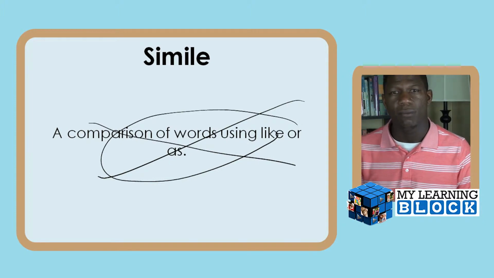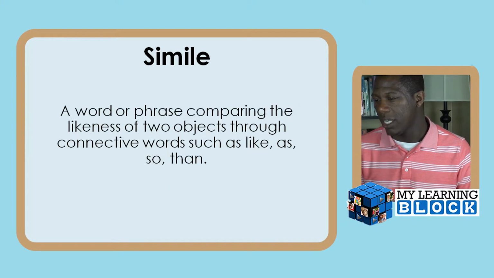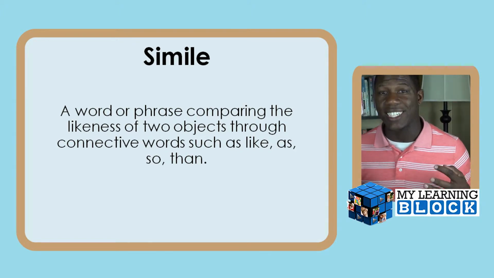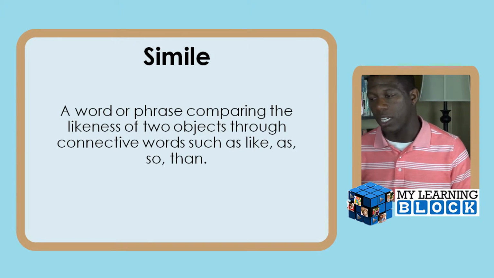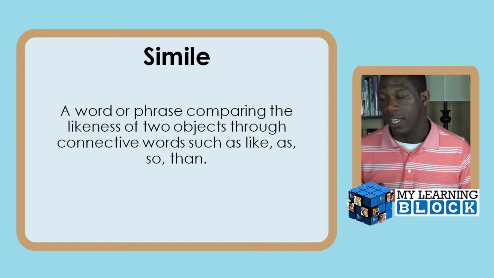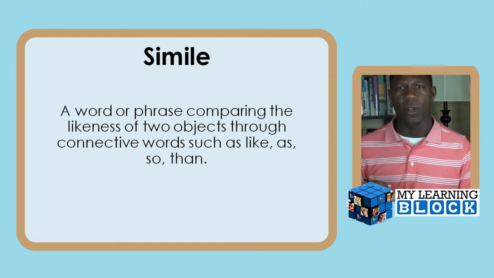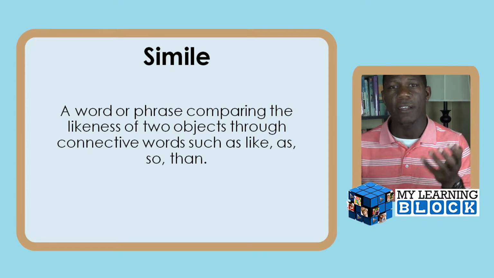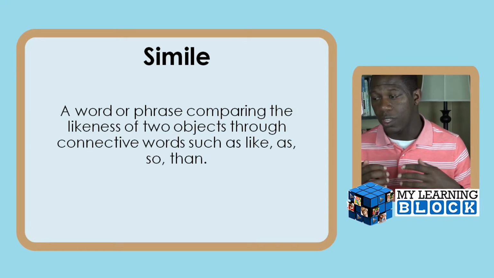Now, a simile, as you know, is a comparison of words using like or as. Not really. I bet you didn't know that. A simile is technically a word or phrase comparing the likeness of two objects through connective words such as like, as, so, than, and even some types of verbs. So similes are phrases that compare the likeness.